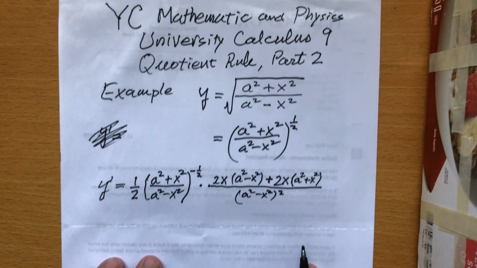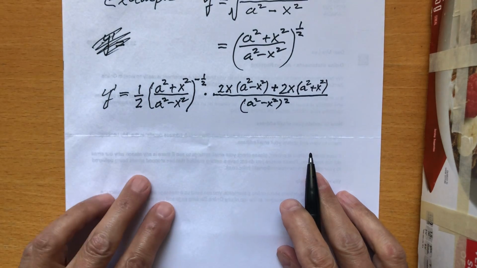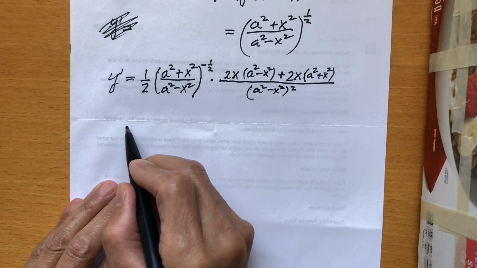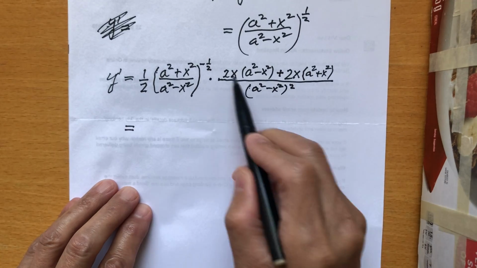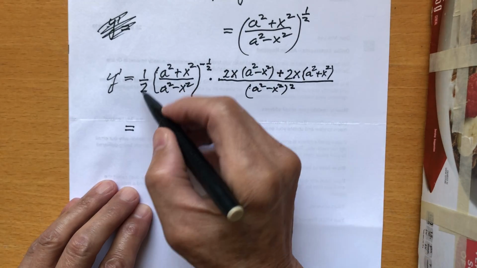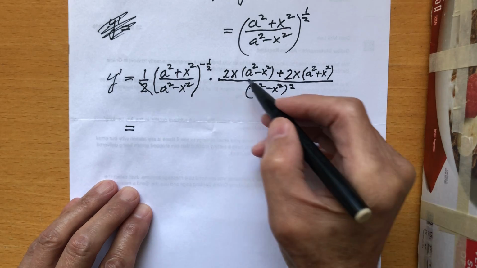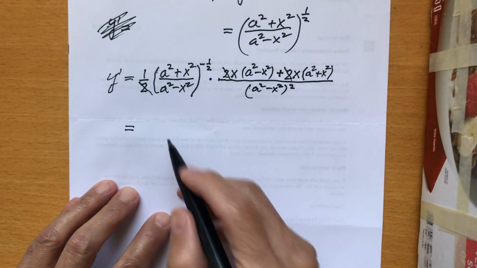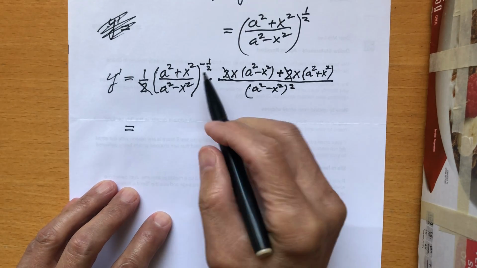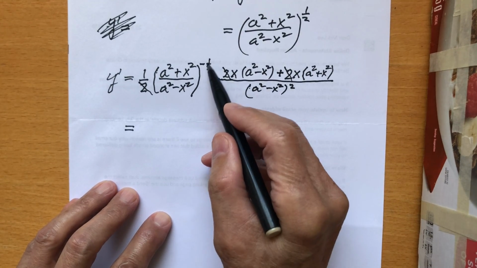Now I continue. Look, this 2 and this 2 and this 2, they cancel. So I can flip this because it's a negative exponent.